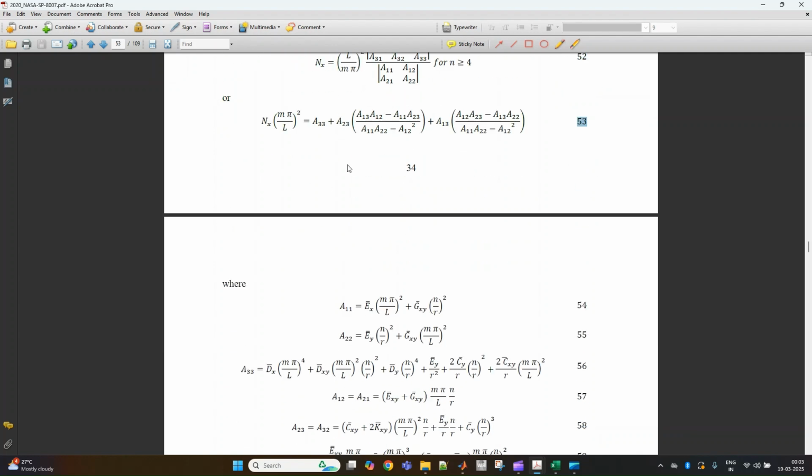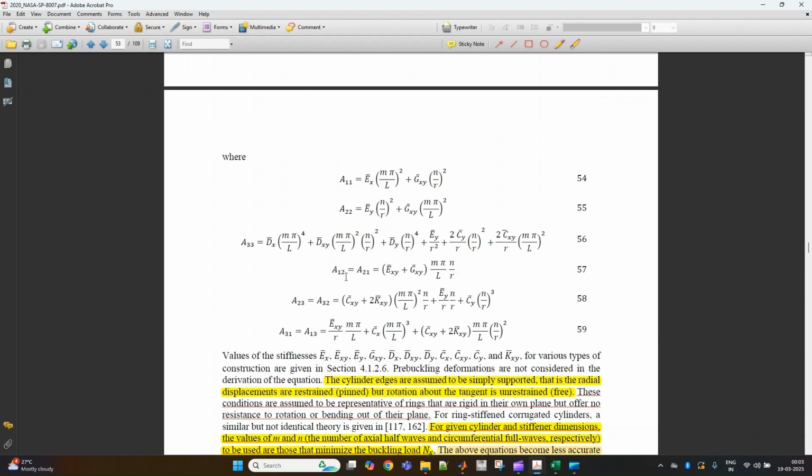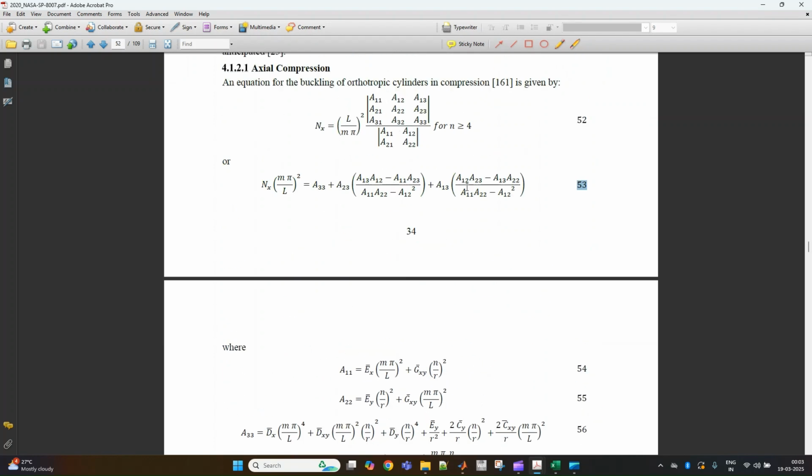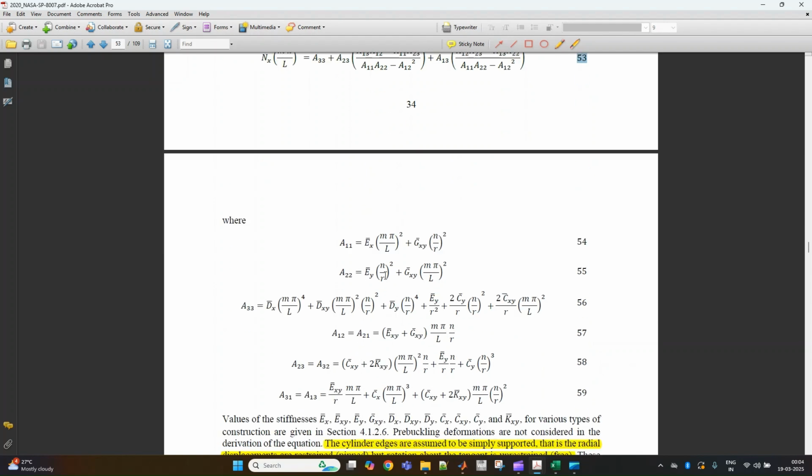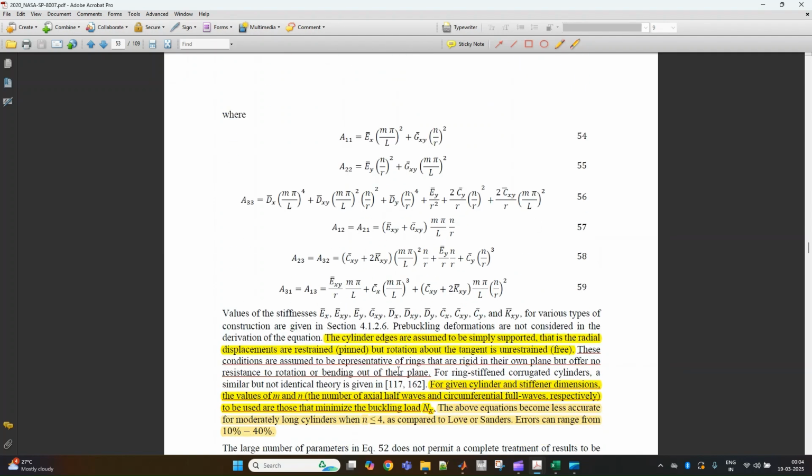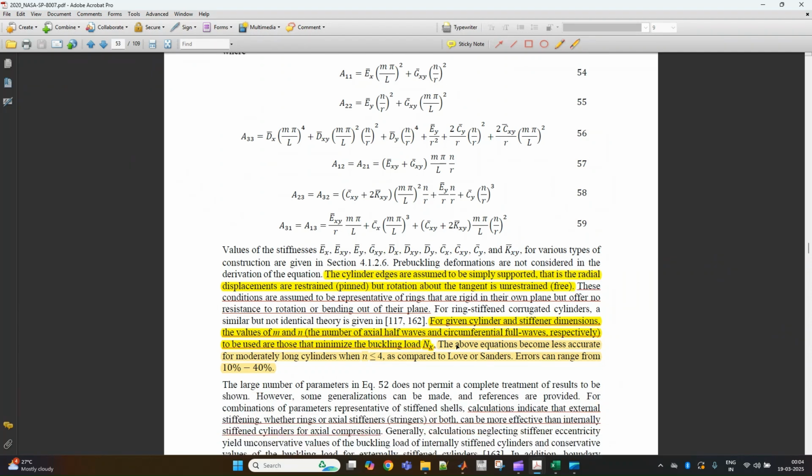They're just expanded; equation 53 is the expanded one. Each component of equation 53 is explained in equations 54 to 59: A11, A22, A33, everything is explained. And these A components use E, G, D, C, K. From my observation, these quantities are not very clearly explained in this document.